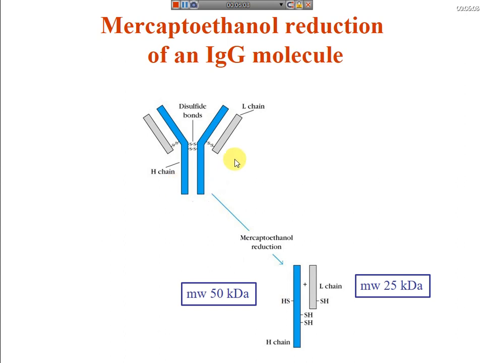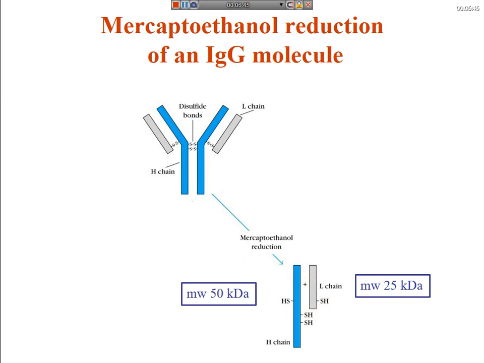Now, when you run the reduction products on the gel, you get two protein bands, one corresponding to 50 kilodalton and another to 25 kilodalton. As you can clearly see, there are four polypeptides, two of equal size and the other two also of equal size. So the heavier one, of 50 kilodalton, is the long or heavy chain, and the shorter one of 25 kilodalton is the light chain, right?